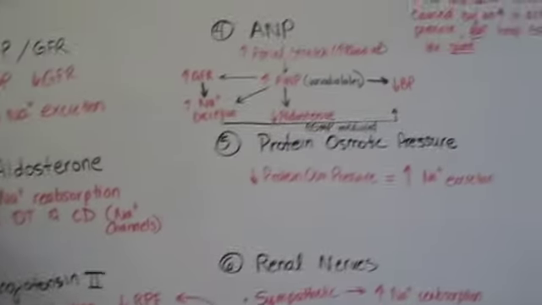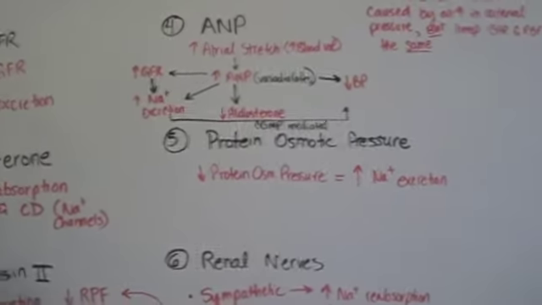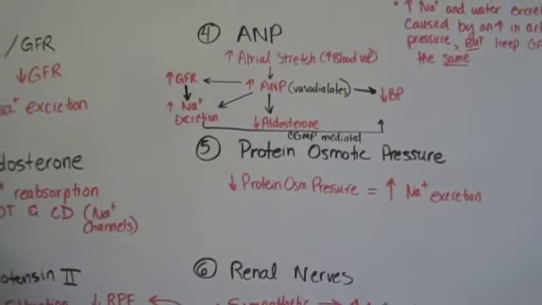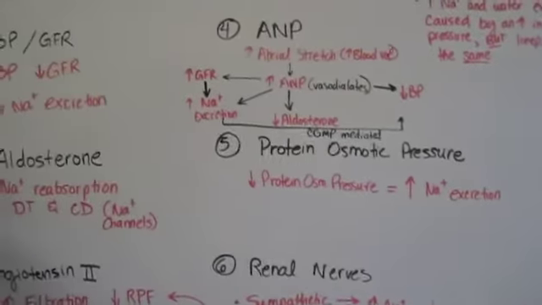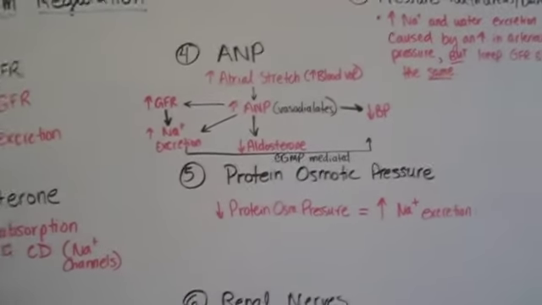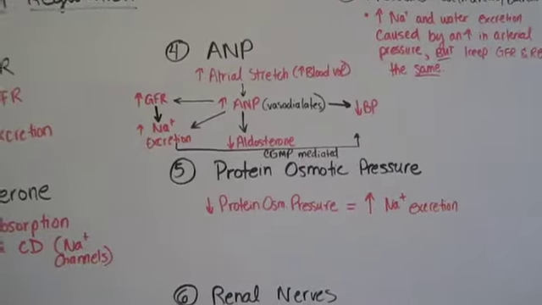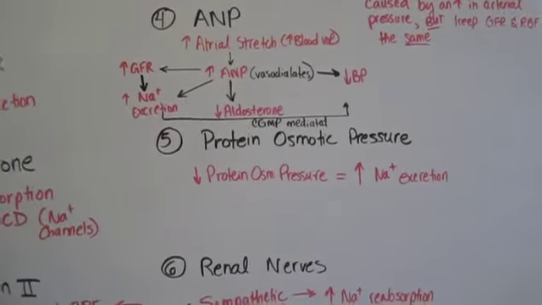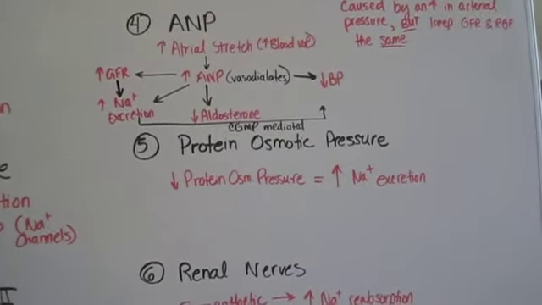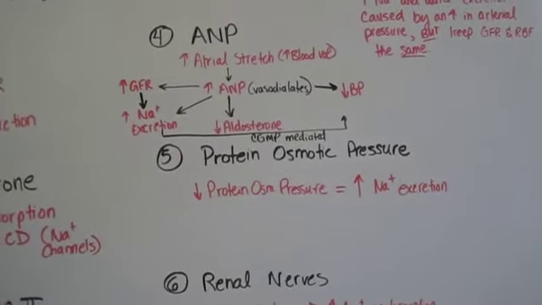Okay, the next one is atrial natriuretic protein. This protein is going to be released when the atria senses increased blood volume. So that's happening when we have increased blood pressure, right?